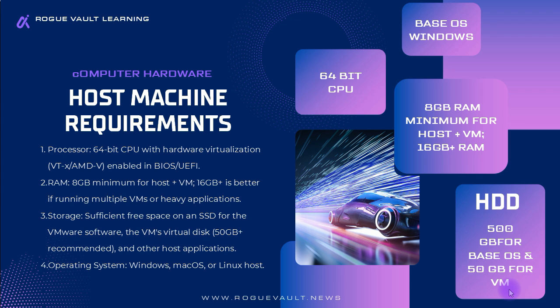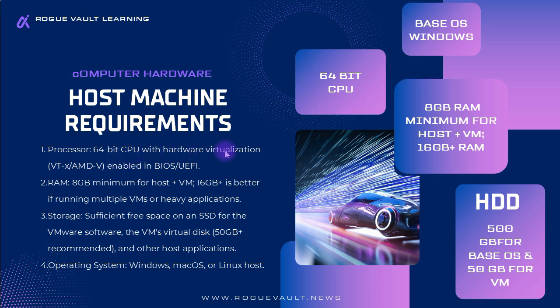The bare metal, that means the laptop or desktop on which you are going to install the operating system, should have a set of configuration, as you can see on the screen. You should have a minimum 64-bit CPU with hardware virtualization.